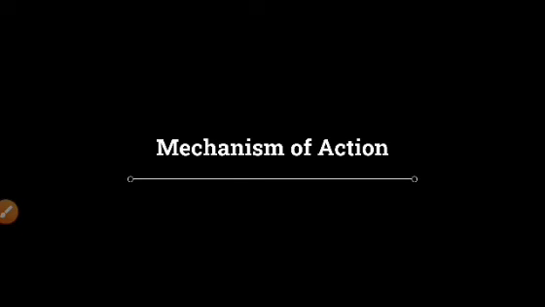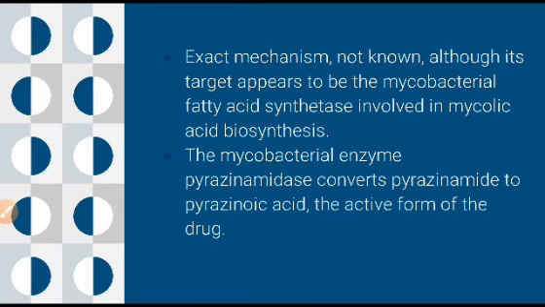What is the mechanism? Because the mechanism is the part which is very important to discuss here. Really, we don't know which process and pathway it follows to act on its target, but we have some idea that its target appears to be mycobacterial fatty acid synthetase involved in mycolic acid biosynthesis.